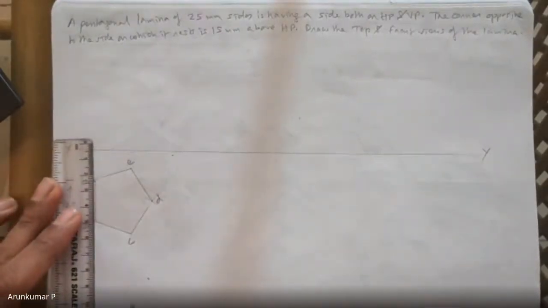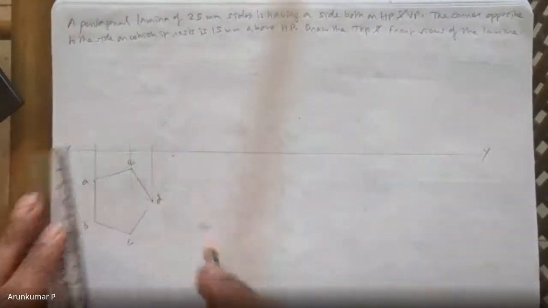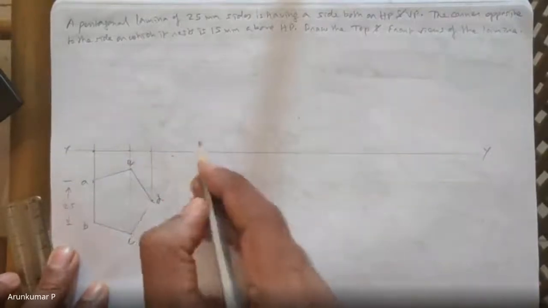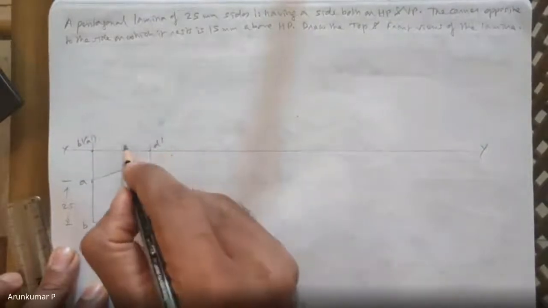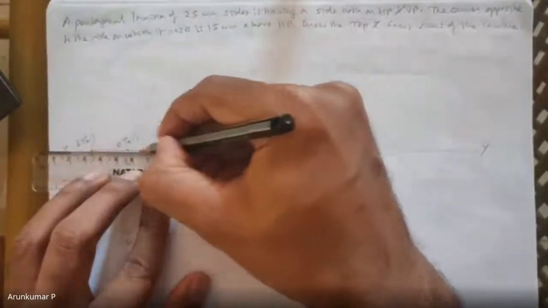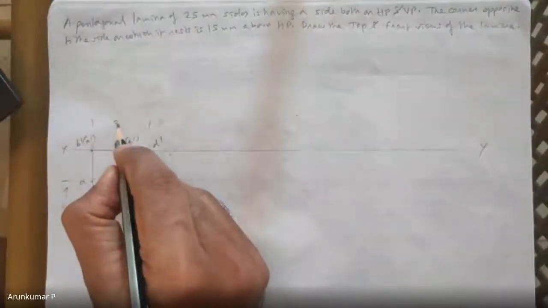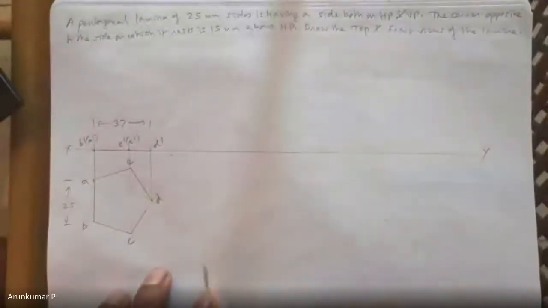As we have done, 3 vertical projectors, no change in that. B dash, A dash, D dash, C dash, E dash. The length will be the same, I think, 37 mm. Length of the front view. Isn't it? It was 37. Yeah, it will be the same because the 25 mm edge is the same.